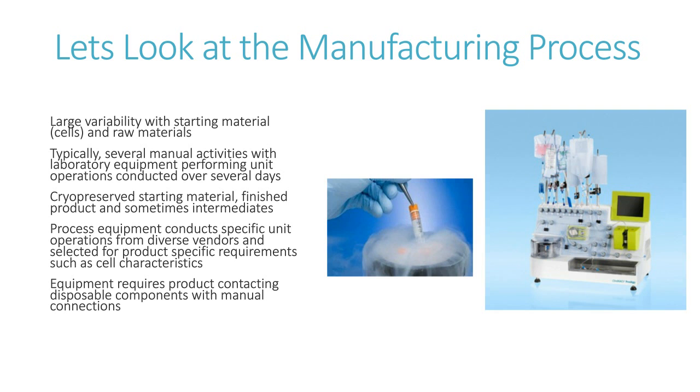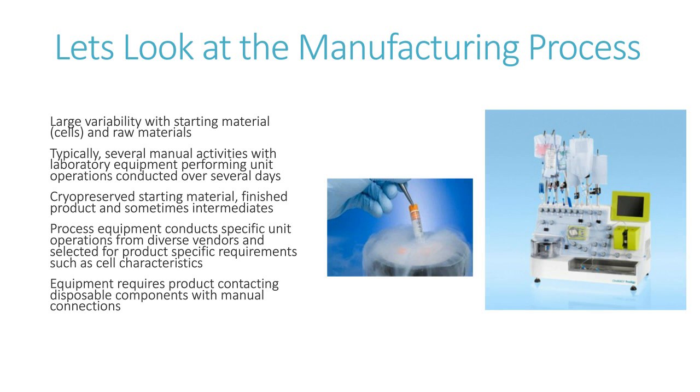Another aspect is that as opposed to traditional pharmaceutical products, there's a lot of manual activities that are happening in the manufacturing process, typically with smaller equipment, bench scale, that comes out of the laboratory.